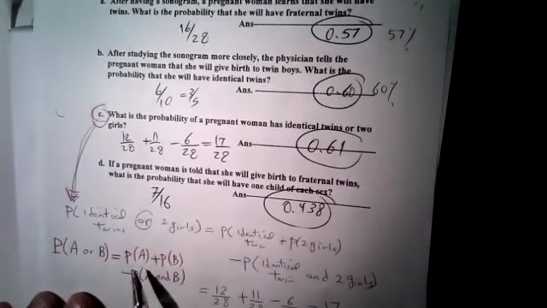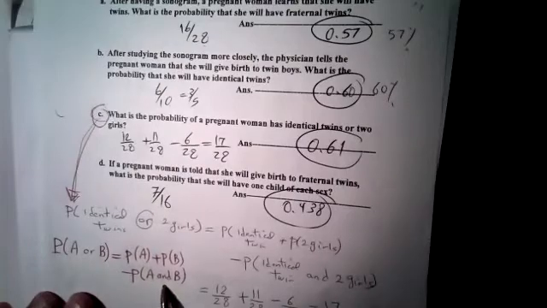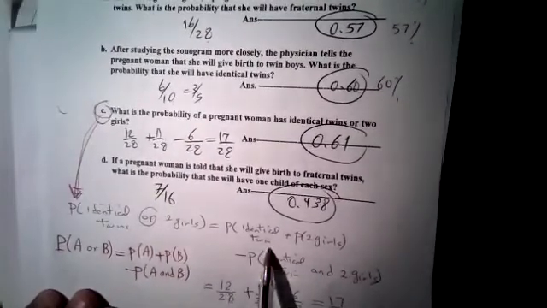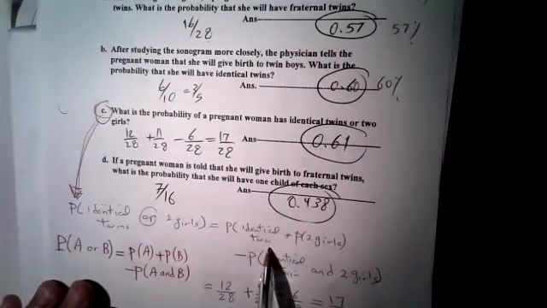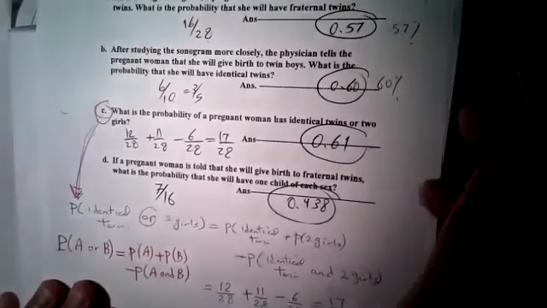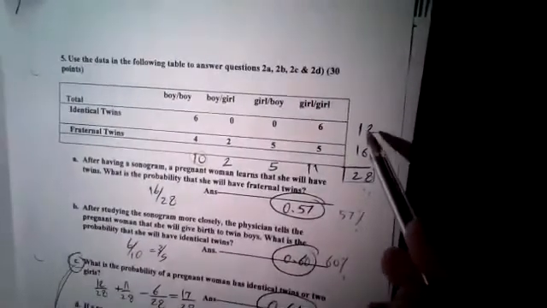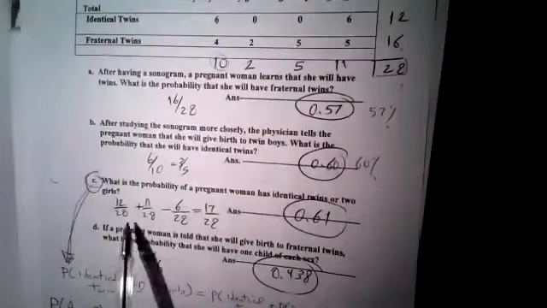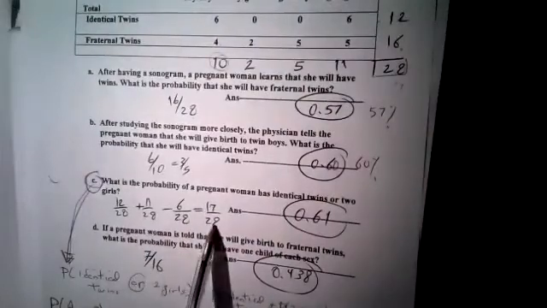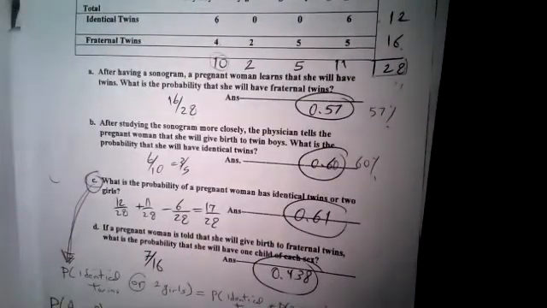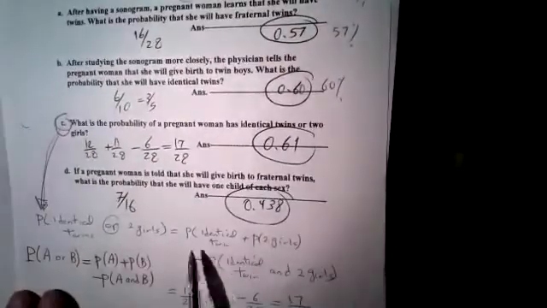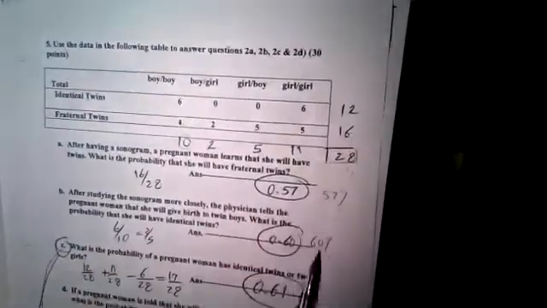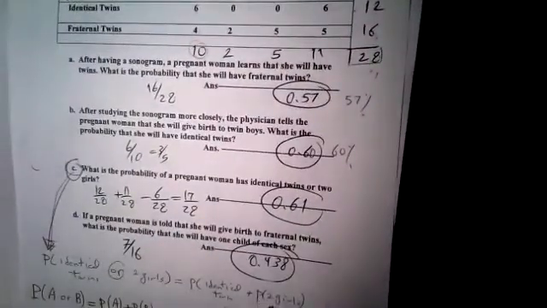So it is equal to probability of A plus probability of B minus the intersection. So that is equal to the probability of identical twins. How many identical twins do we have? There are here 12 identical twins. They all have the same denominator. You put the total here. They all are 28. The first one is identical twins. How many do we have? We have 12. 2 girls.